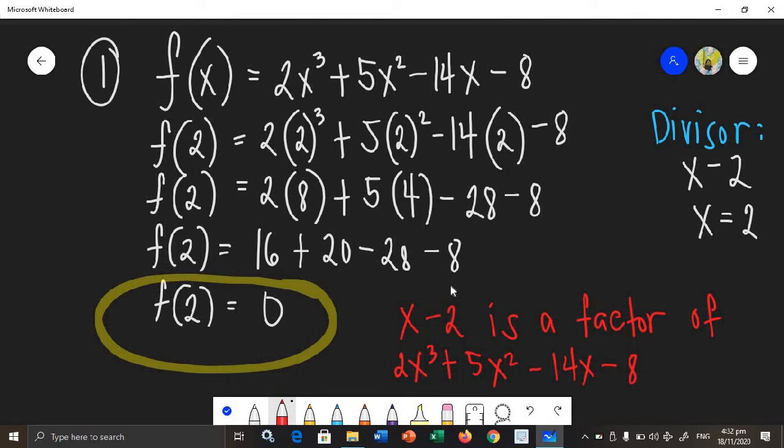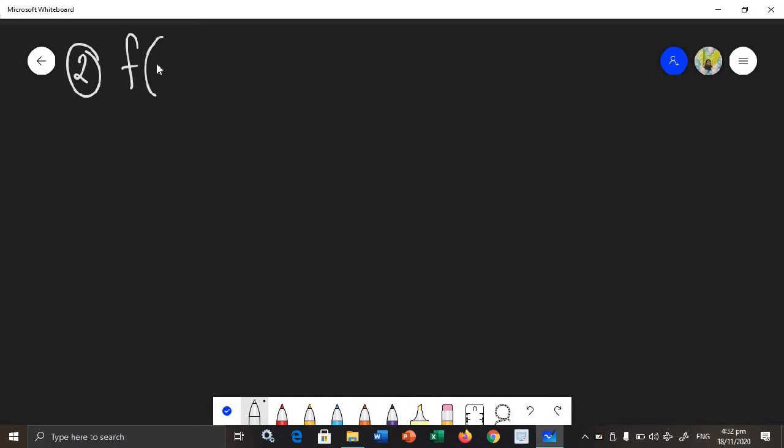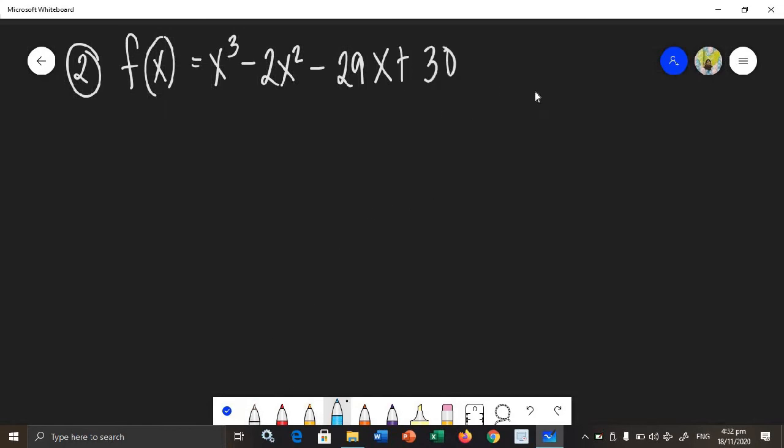Okay, so in this given number 1, x minus 2 is a factor of 2x cubed plus 5x squared minus 14x minus 8. So let us solve another example. So let us see if this polynomial here is a factor of this polynomial.